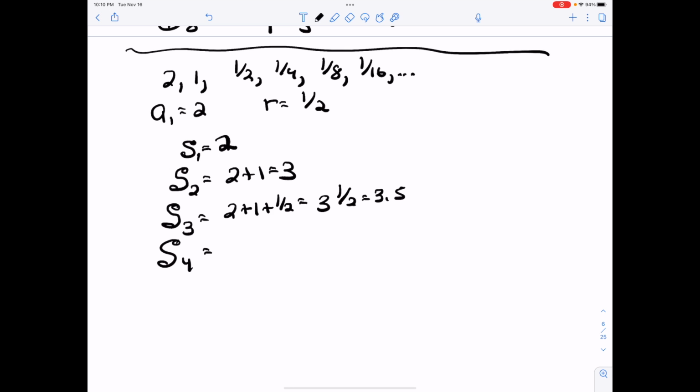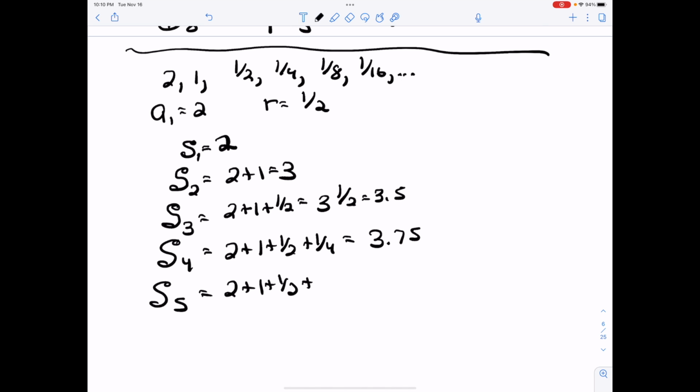S sub 4 is 2 plus 1 plus 1/2 plus 1/4, which gives you 3.75. S sub 5 is 2 plus 1 plus 1/2 plus 1/4 plus 1/8, which gives you 3.875, and so on.